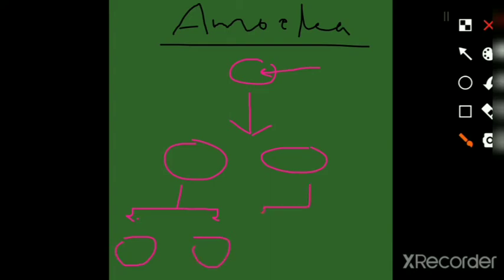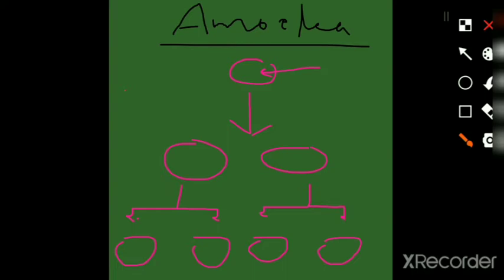So in this process one cell is divided into 4 cells, but the cytoplasmic content continues in the cells, because it is asexual reproduction. In amoeba and other unicellular organisms, their cell division is a type of reproduction.